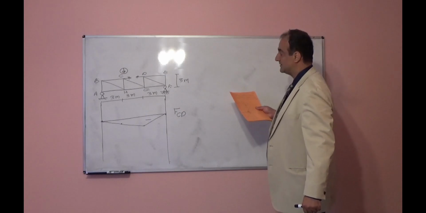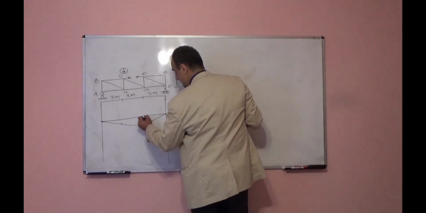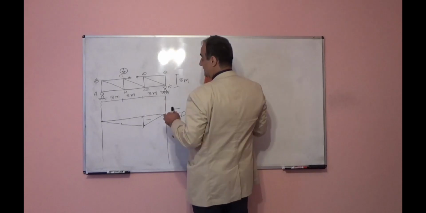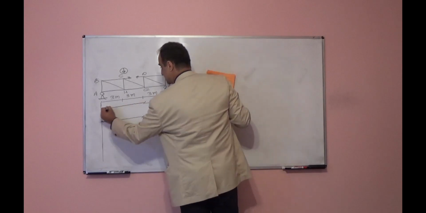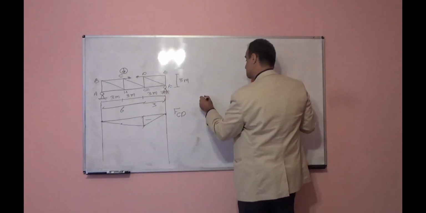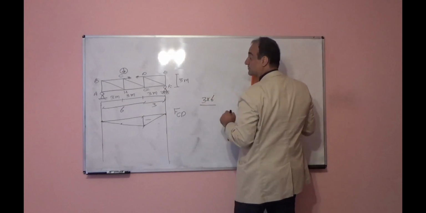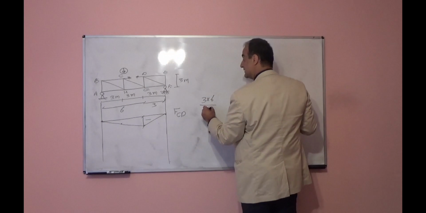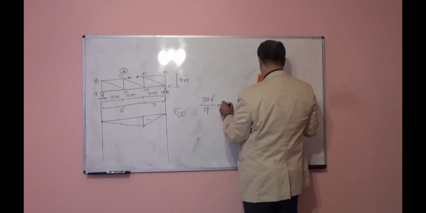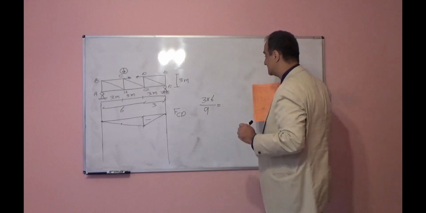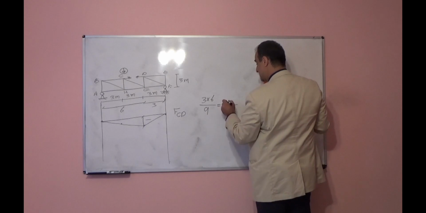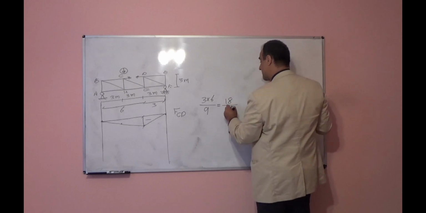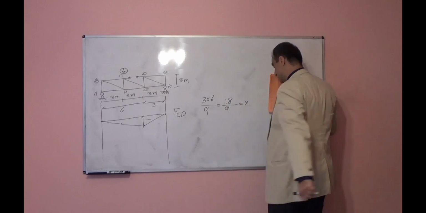How will you find this height? In order to find this height, like the bending moment at point T, this is 3, this is 6, so 3 times 6 divided by the entire length, which is 9. Let's see, 3 times 6 is 18, divided by 9, this will be 2.